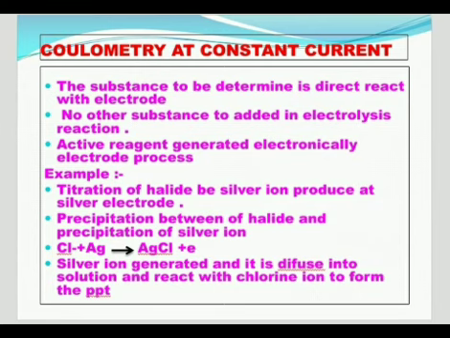There are two main types of constant current colorimetry. In the first type, the reagent is directly generated at the electrodes.